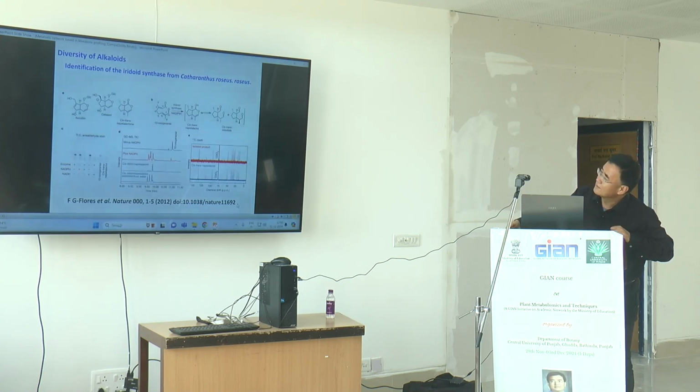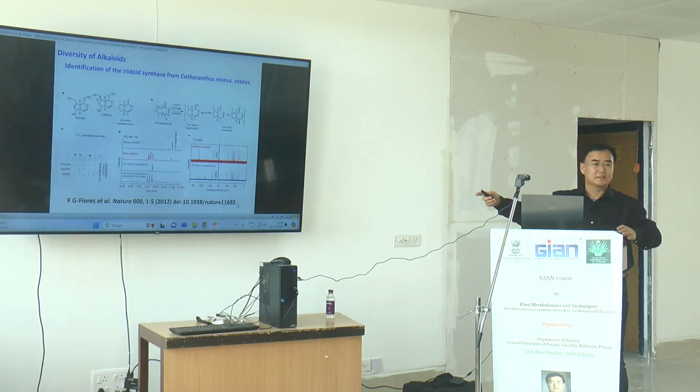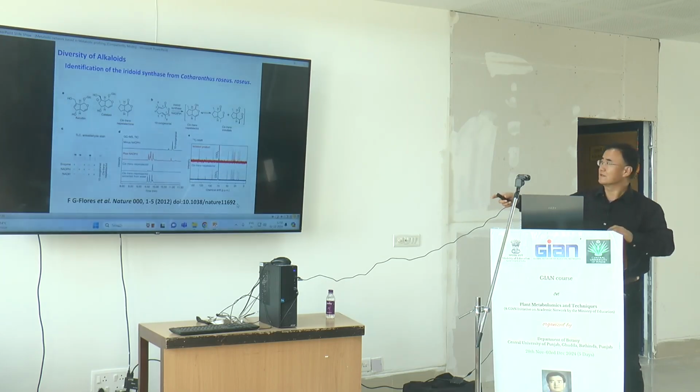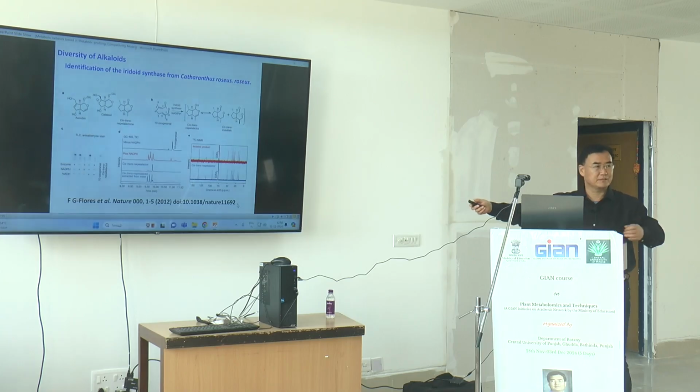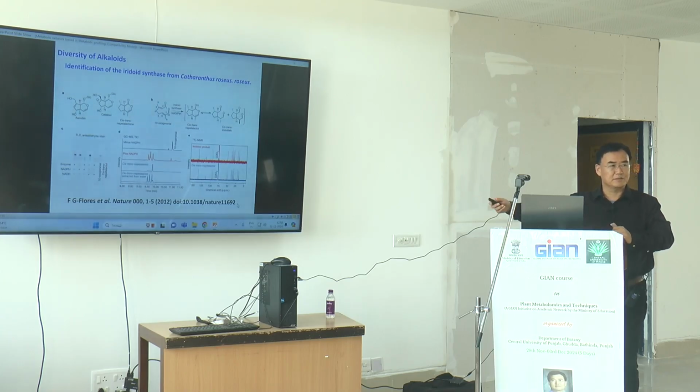This is a paper. Later we will also talk about the compound identification of these pharmaceutical roses. This Nature paper is from a very famous scientist previously working at the Joiner Center.